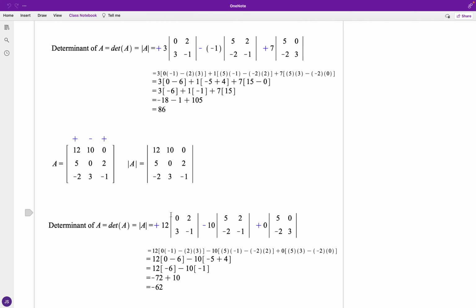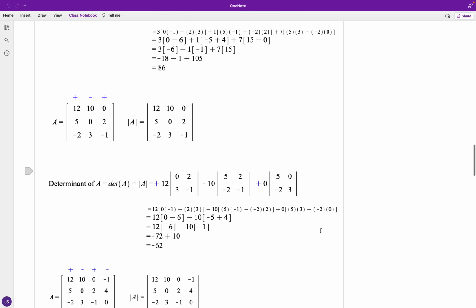So you still have 0, 2, 3, -1, and I have minus 10 times the minor of the first row and second column. So you still have exposed 5, 2, -2, -1, and I have plus 0 times the minor of the first row and last column, where you have 5, 0, -2, and 3 exposed.